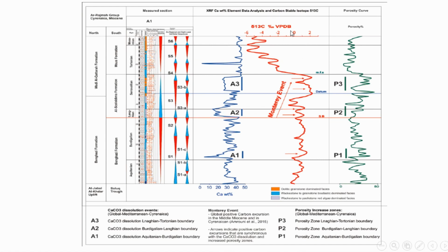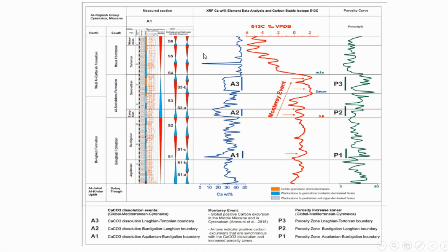In the lab work, we have three curves: the calcium curve, the carbon curve, and the porosity curve. You see here P1, A1, A2, A3; these are the dissolutional events of calcium.